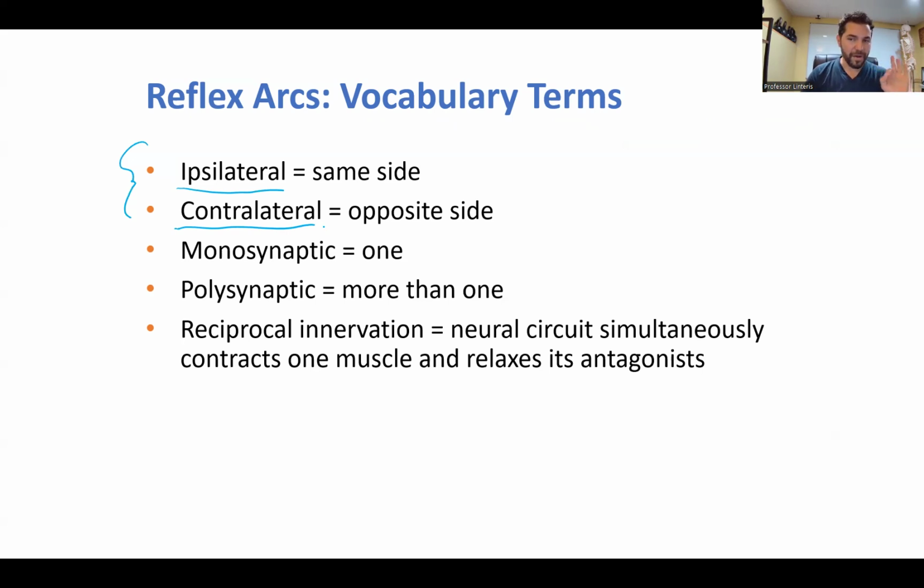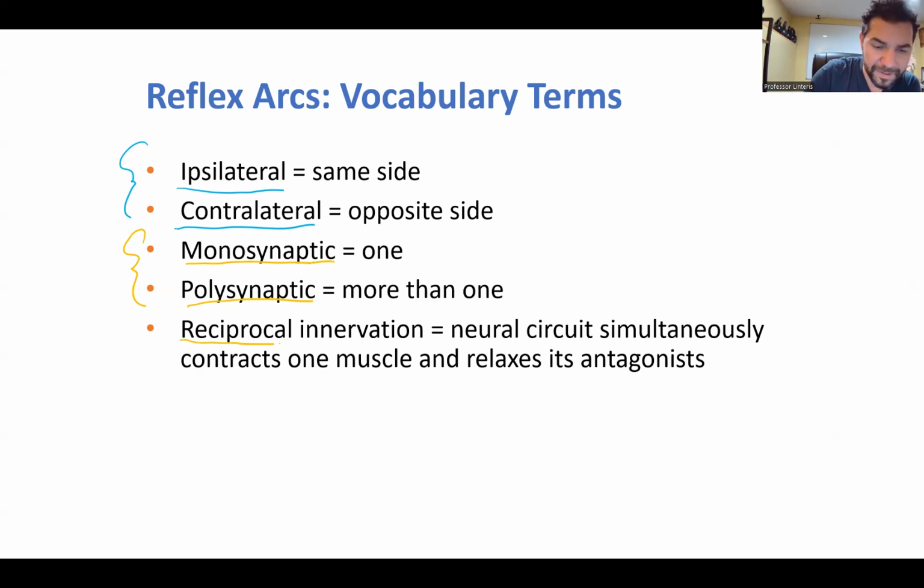We have a monosynaptic and polysynaptic reflex. This refers to basically the interneurons during that integration period. The one that we're talking about today is a monosynaptic reflex. All other reflexes will be polysynaptic. So basically, how many interneuron synapses there are in the gray matter of the spinal cord.